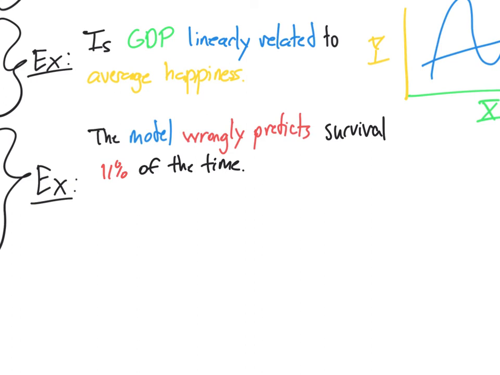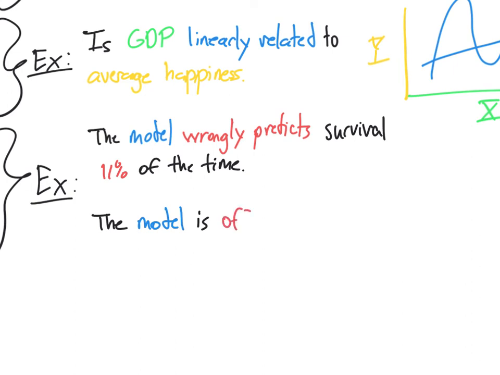Similarly, for the case of GDP, we could say something like this. Let's say we're trying to predict a numerical GDP score.